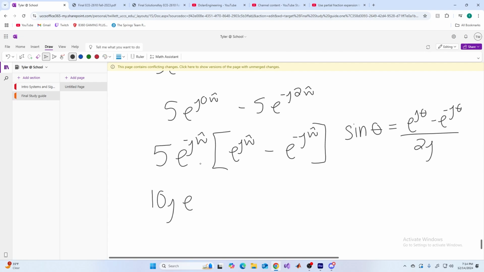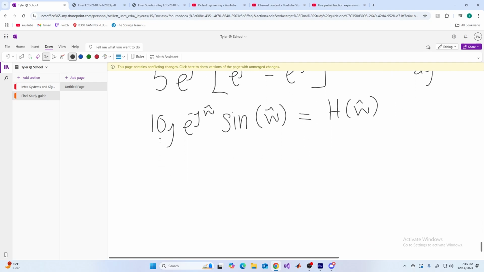10j e to the negative j w hat times, and this will be over it, so I will get the sine of w hat. And this is our h of w hat. Perfect.